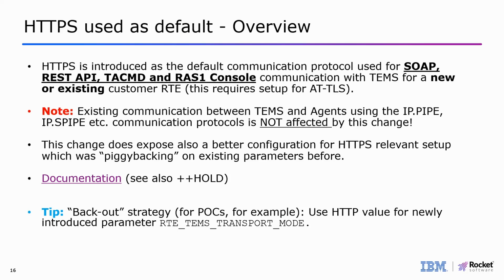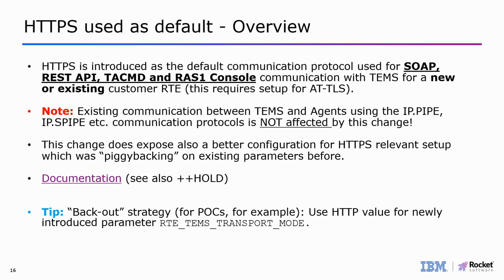Okay, so for those that work with HTTPS, there is always an extra set of configuration that needs to be done on the mainframe side with AT-TLS, key rings and certificates and so forth, AT-TLS rules. So that is something that will be required if you switch over to HTTPS. There is documentation where we help you with that.